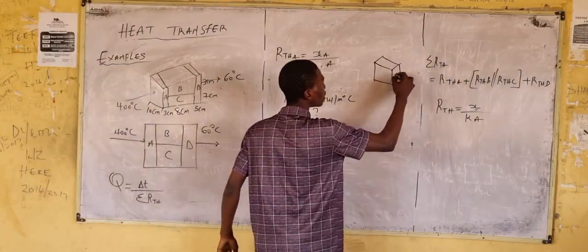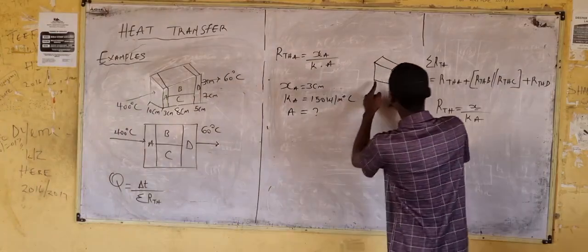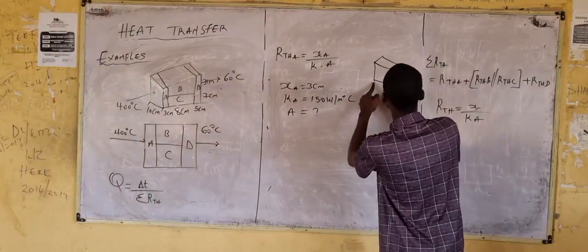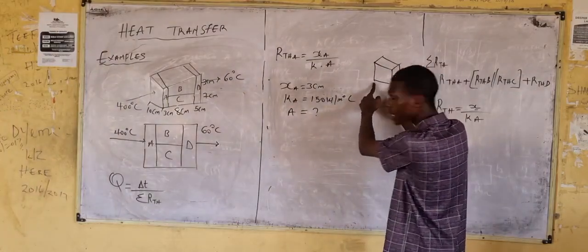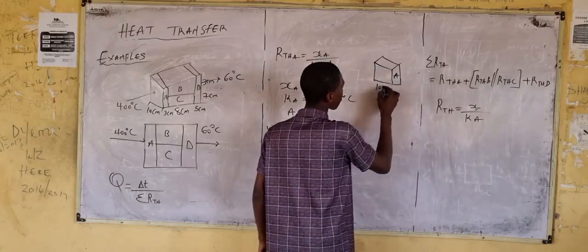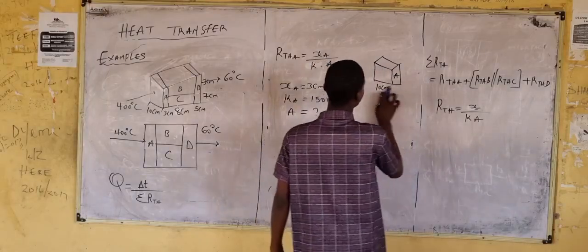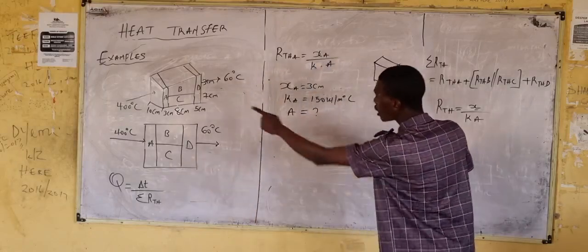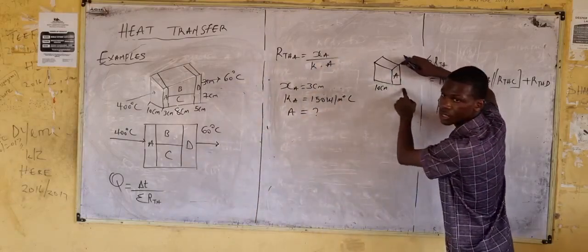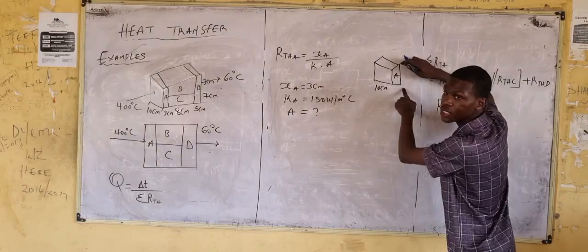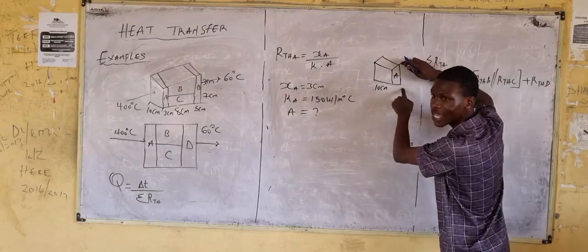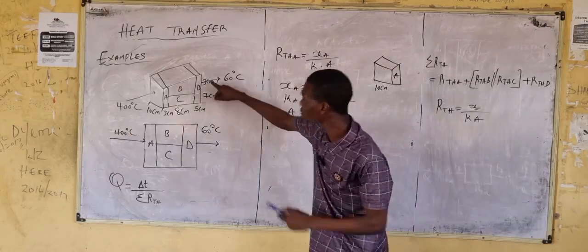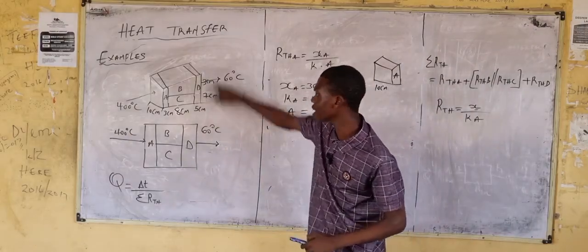This is wall A. From this diagram, considering wall A, from here to here is what? 10 centimeter. The summation of 3 and 7 will give us 10 centimeter.